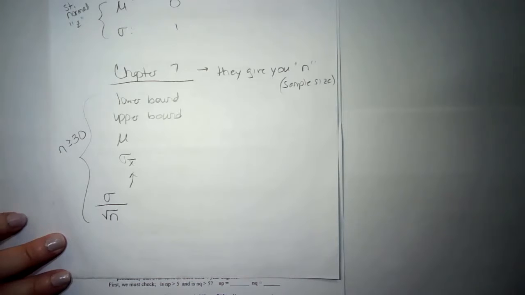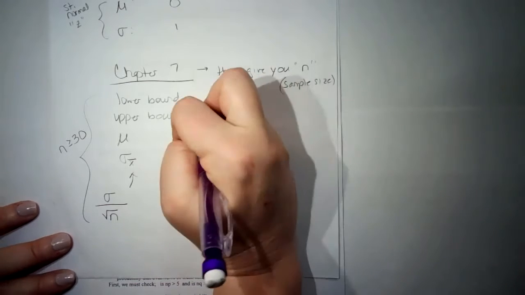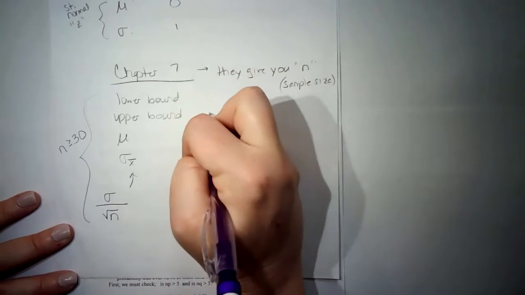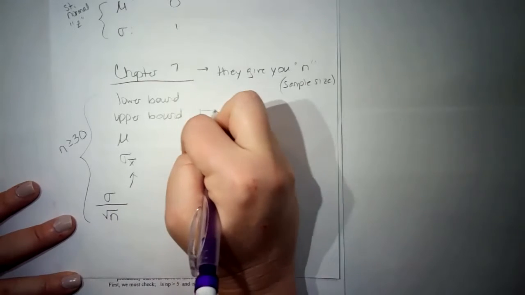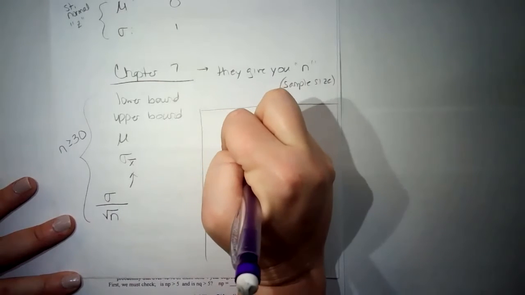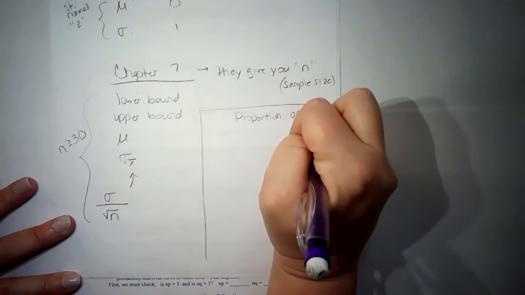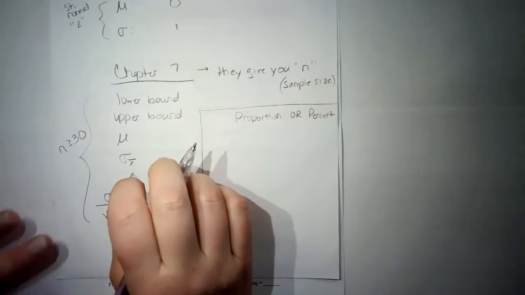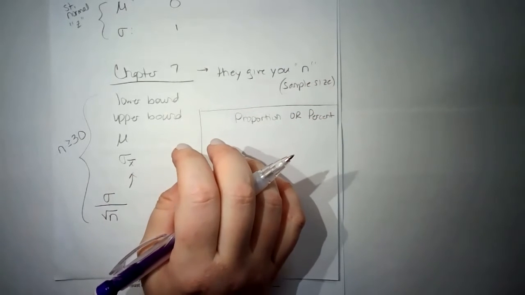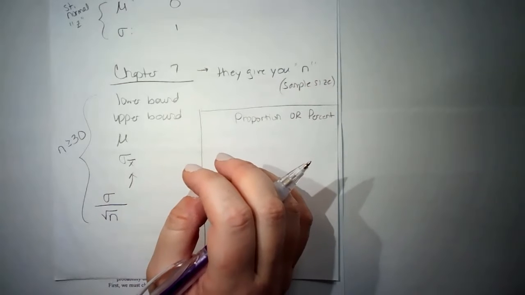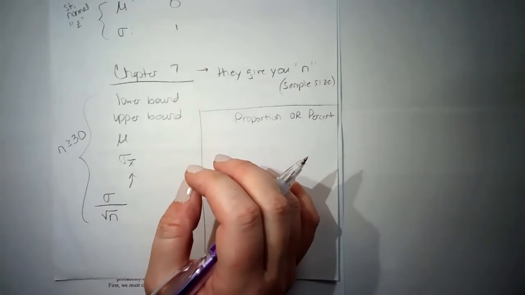Okay, the difference now is that you are going to have either the word proportion or you're going to see a percent. Okay, you don't have to write this down because we're going to go through it on here, but I'm just going to kind of give you the nitty gritty and then we'll talk about it on here, but it's up to you.